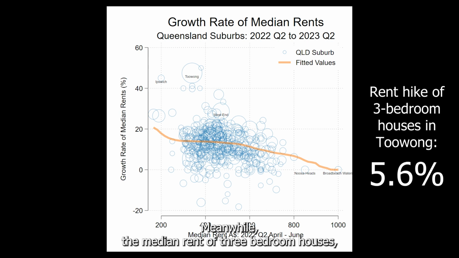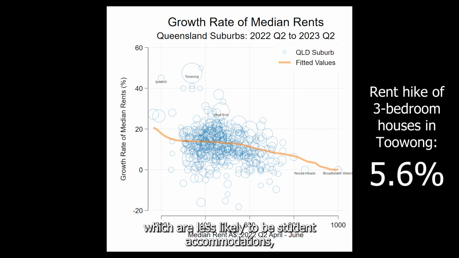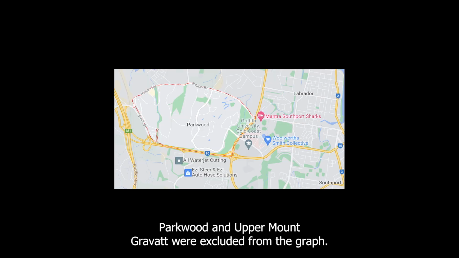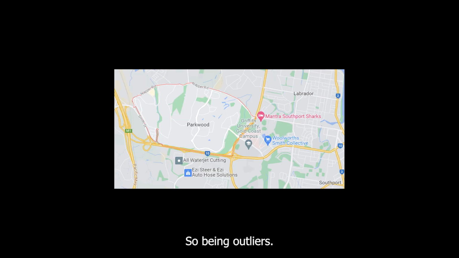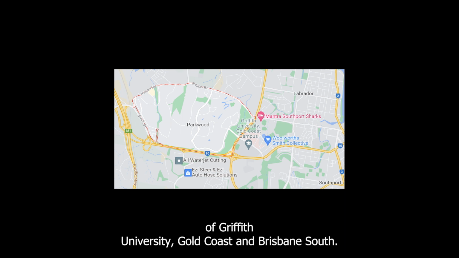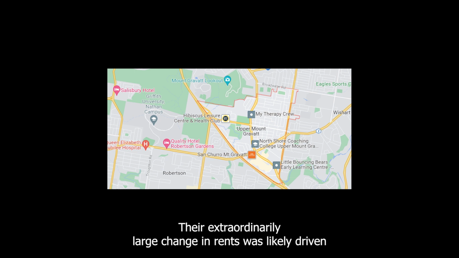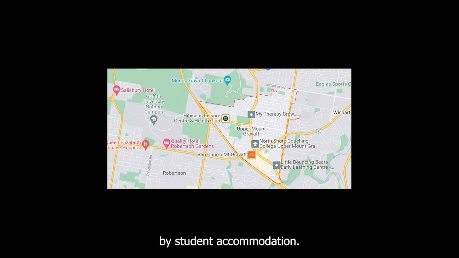Meanwhile, the median rent of three-bedroom houses, which are less likely to be student accommodations, only saw a 5.6% increase in Toowong. Two suburbs, Parkwood and Upper Mount Gravatt, were excluded from the graph for being outliers. Both were close to the campuses of Griffith University, Gold Coast, and Brisbane South. Their extraordinarily large change in rents was likely driven by student accommodation.